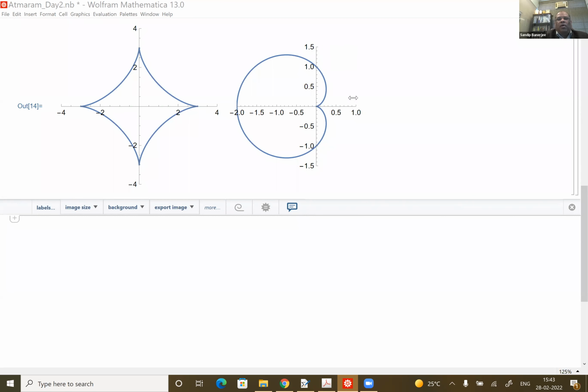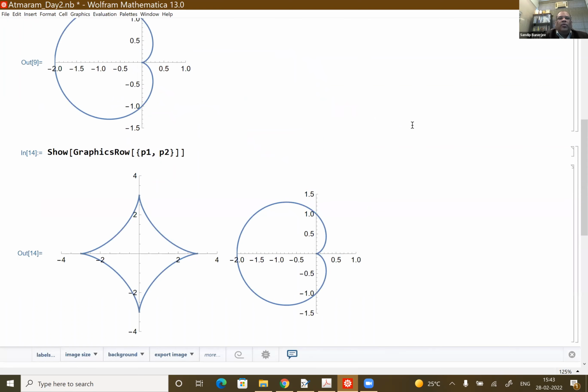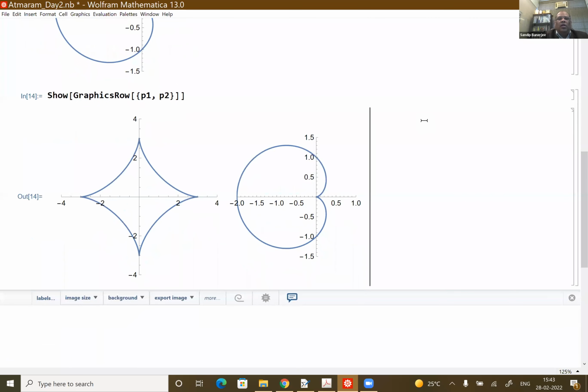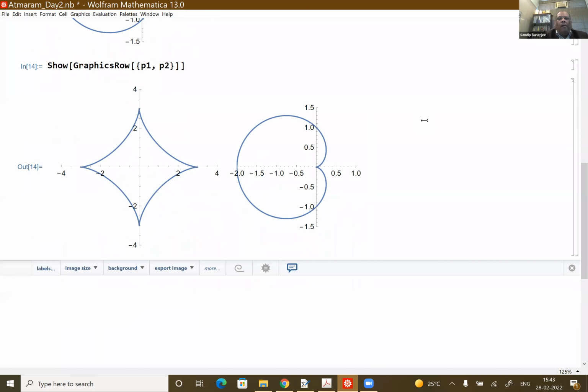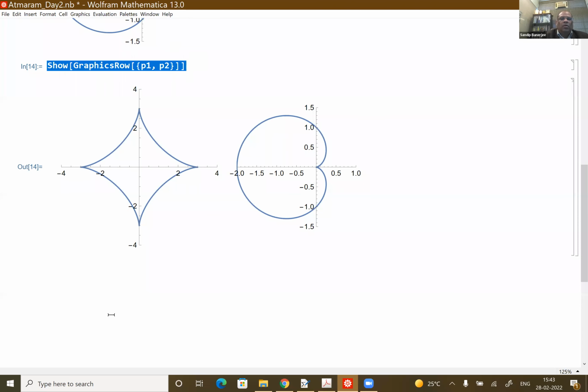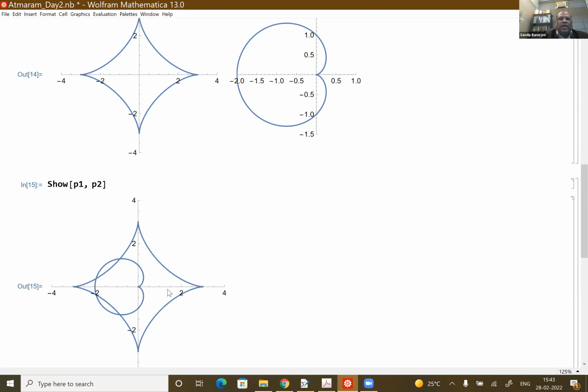For combined plot, scale should be matching. Okay, you mean this one? Okay. So by scale should be matching, you mean that, can you just elaborate a bit?